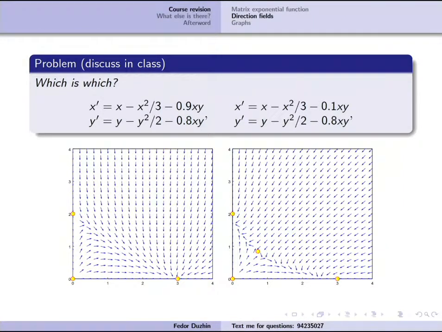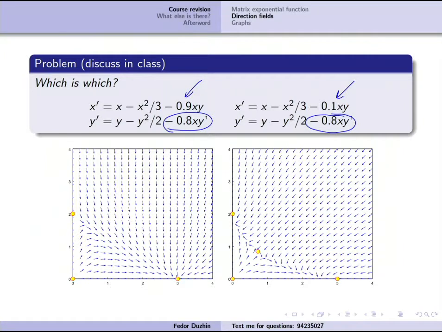Now, let me explain. So, note the following. Note that this number here is the same as here, and the rest of them is the same. So the difference is in this coefficient. And this coefficient shows the bad influence of y on x.